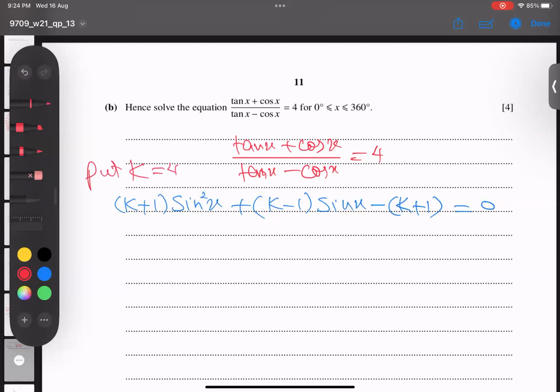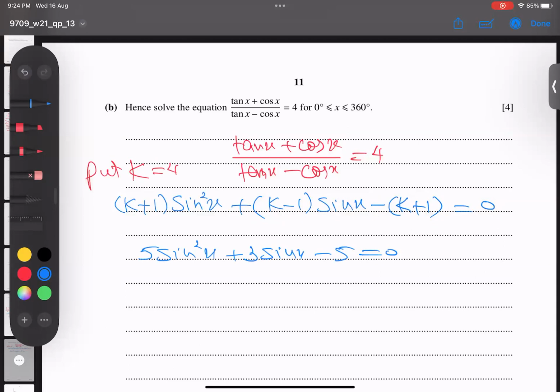So when I replace with 4, where is 4 going? 4 is going here. So 4 plus 1, 5. So 5 sine square. And 4 comes here. 4 minus 1, 3. 3 sine x. 4 comes here. I get minus 5.